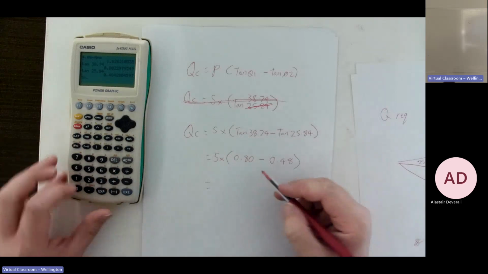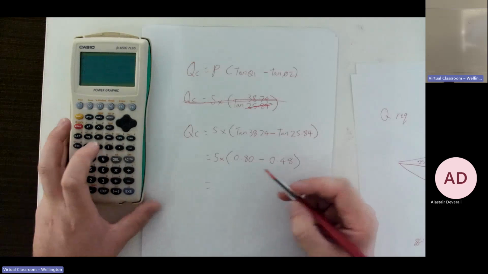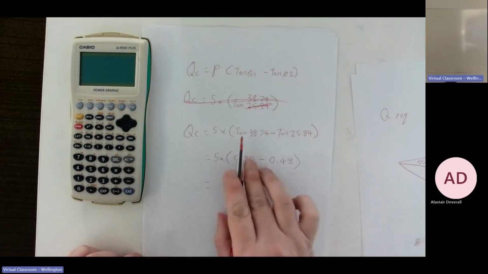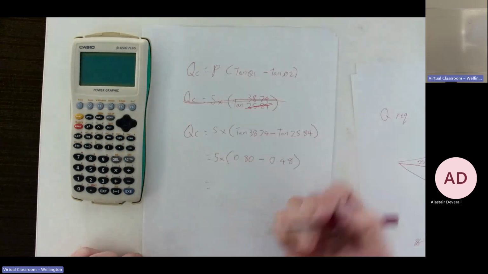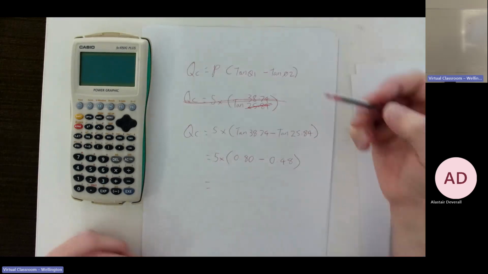Make sure you put it in brackets. You need to do the tan before you do the subtraction, otherwise you'll have issues. The tan is a multiplication inside the bracket, essentially. So that happens first, then the subtraction happens.